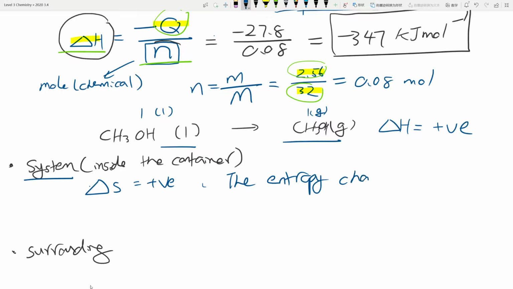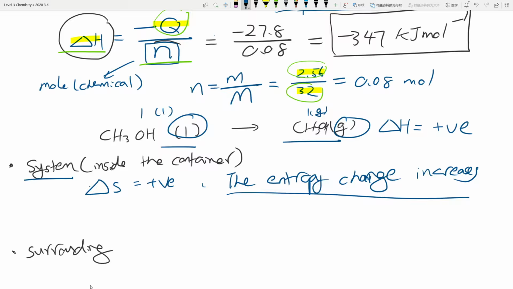Increases, because you're going from 1 mole of liquid to 1 mole of gas, so there's more randomness, more disorder. Therefore, inside the system, the entropy increases because gas particles have a more random arrangement compared to liquids.